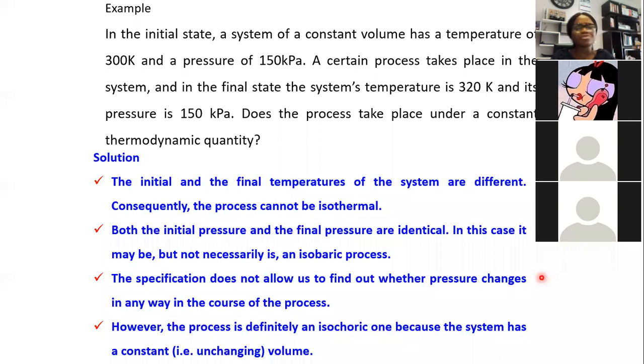So from the very first line, what would you call this system? Please, in 1 minute, type it in the chat box. From the very first line, what process would you call this process? Thank you, Banjo. Are you sure?